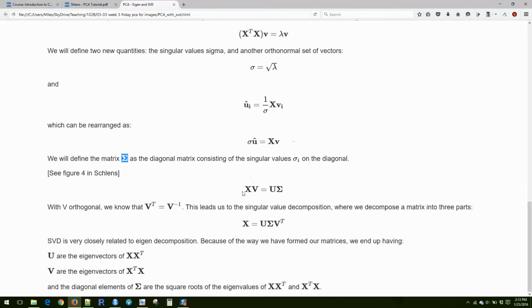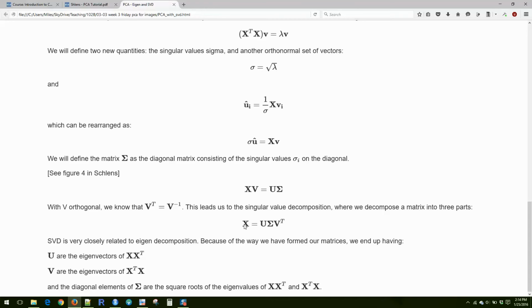And because our V is our eigenvectors, which is orthogonal, its transpose is the inverse. And so this leads us to our singular value decomposition, which is X equals U Sigma V transpose. So essentially, we want to be able to solve for this, and the computer can do it for us quite quickly.